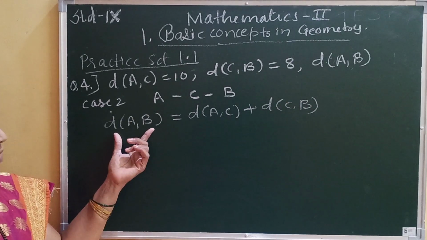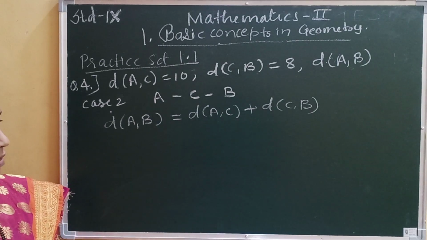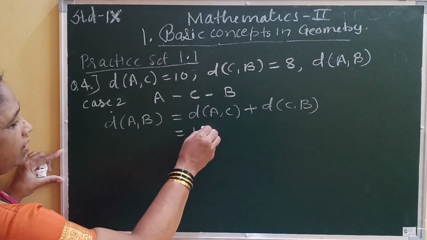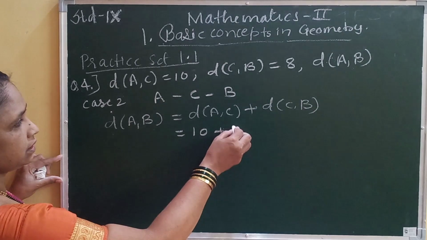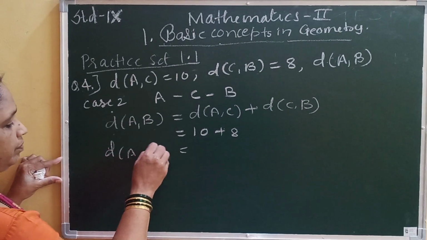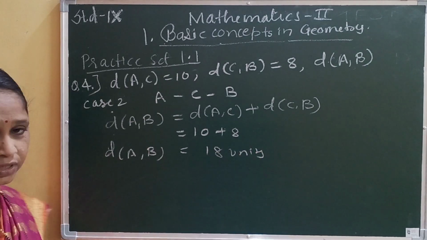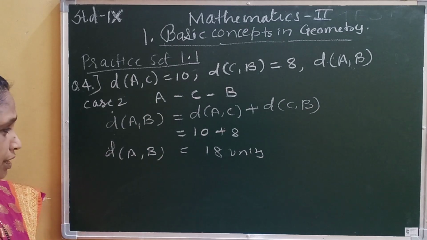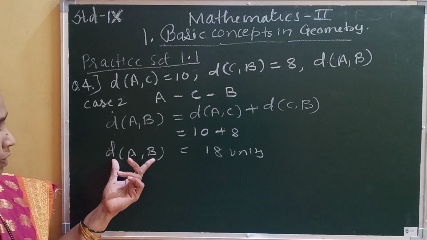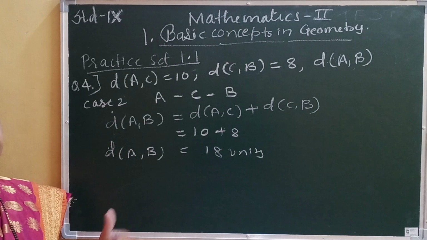Distance AB is distance AC, which is 10, plus distance CB, which is 8. So this distance AB will be equal to 18 units. This is one more condition. Either the distance AB will be equal to 18 units, or, as you studied earlier, the distance AB is 2 units.